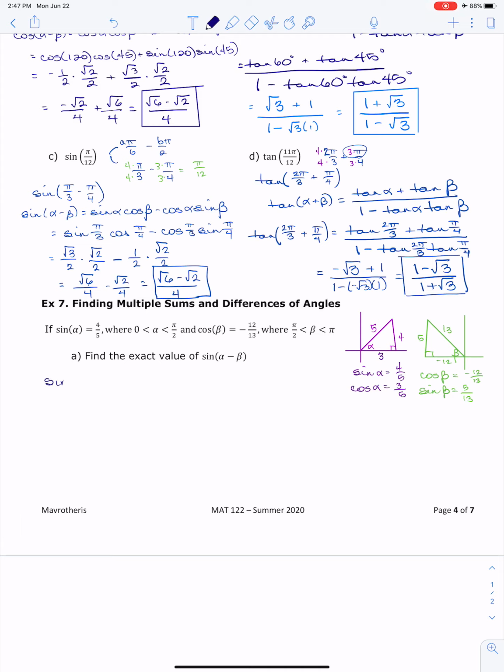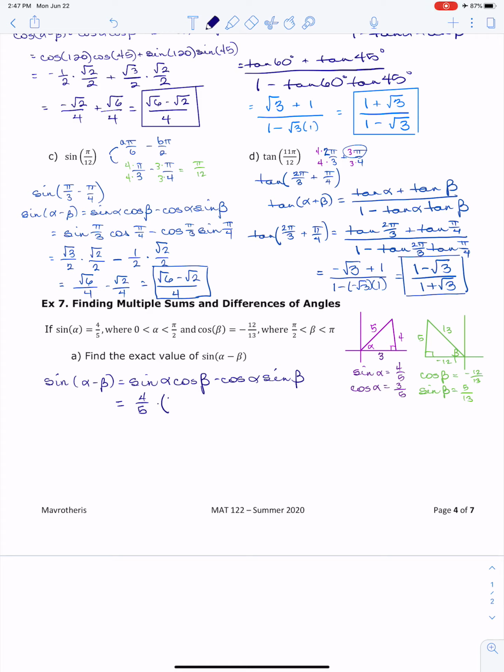So we've got sine of alpha minus beta. And that is the sine of alpha, the cosine of beta, minus the cosine of alpha, the sine of beta. I don't have angles to put in here and rewrite this, so now I'm just going to fill in the values that we found. The sine of alpha is 4/5.